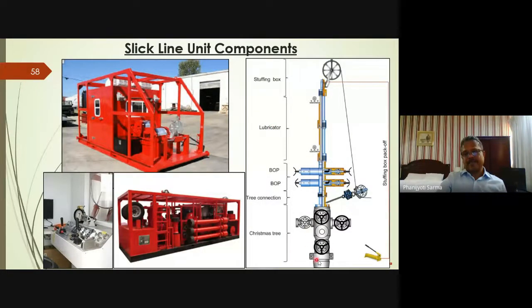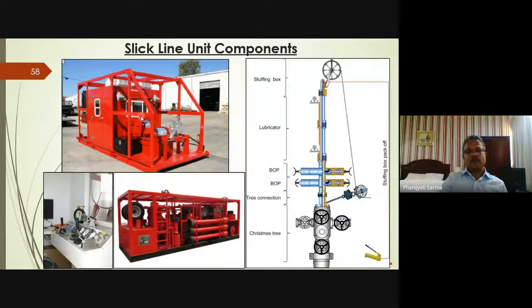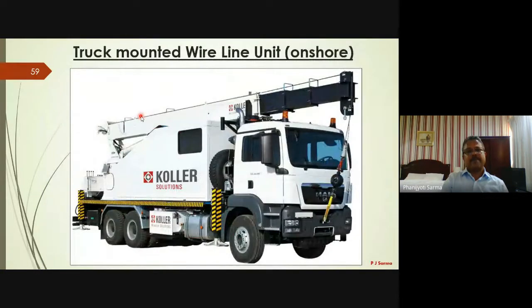This is the Christmas tree, and on top of the Christmas tree, the BOP is rigged up, the pressure control equipment, the stuffing box, and the hay pulley and the crown pulley, and the wire is connected to the unit. The previous one was the skid mounted unit. The same is in the truck mounted unit. Everything is mounted on a truck.